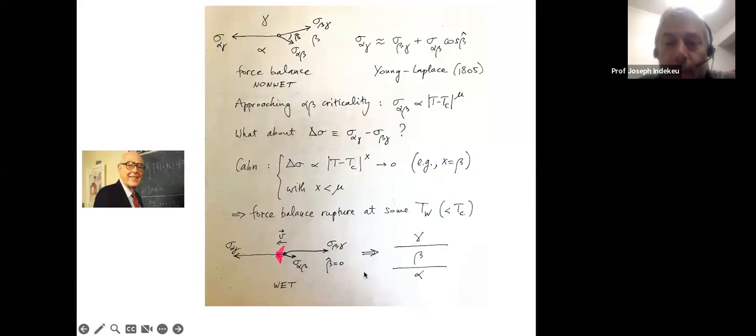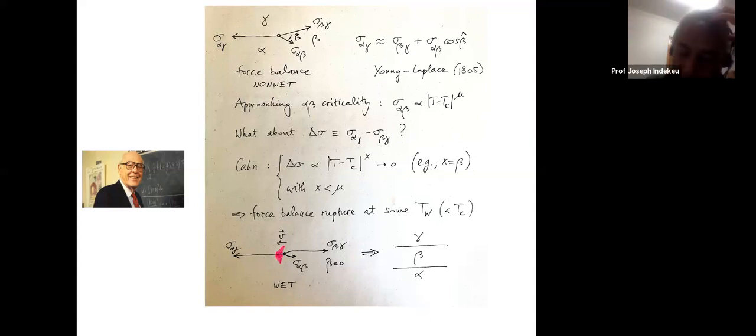So the Kahn argument predicts that at some temperature below the critical point, so still in the two-phase region, at some temperature we must reach the wetting condition, and the non-wet state must become a wet state.